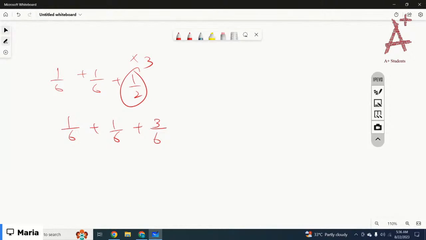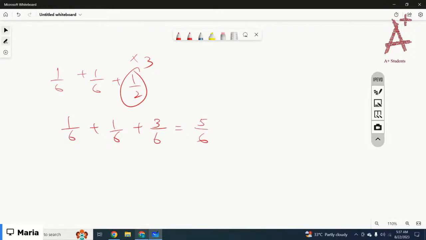So it would be 3 plus 1 plus 1, 5. It would be 5 over 6.